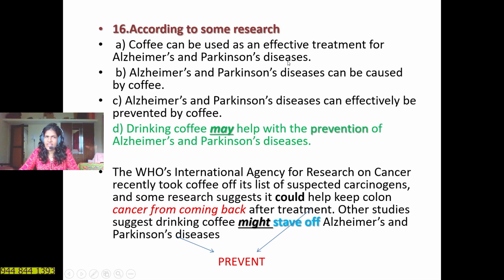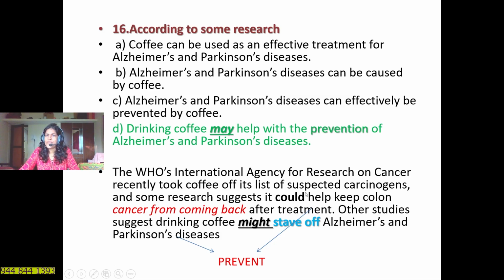It is not given. Alzheimer's and Parkinson's disease can be caused by coffee. It is not given. Alzheimer's and Parkinson's disease can effectively be prevented by coffee. They are not given. Effectively, they are not told. Drinking coffee may help with the prevention of Alzheimer's and Parkinson's disease. Yes, that's the answer. Why?